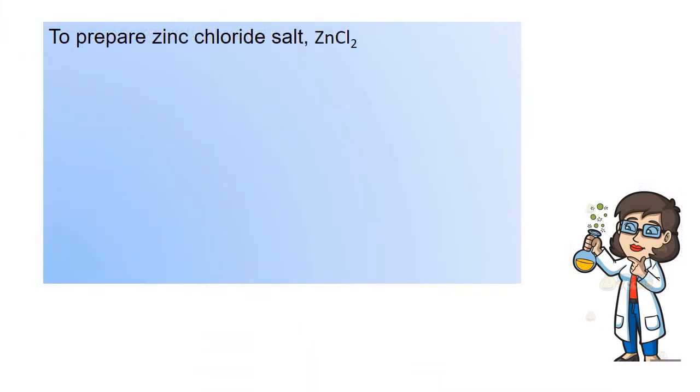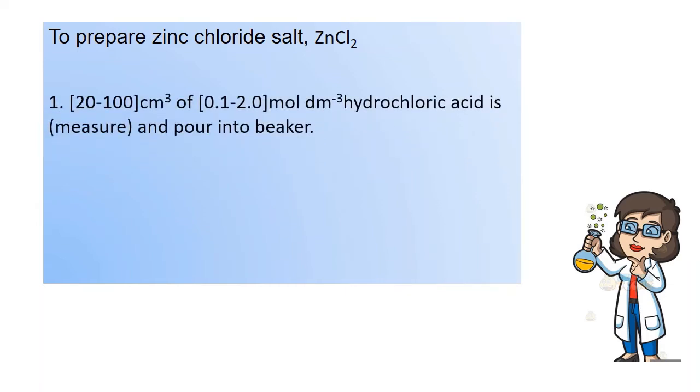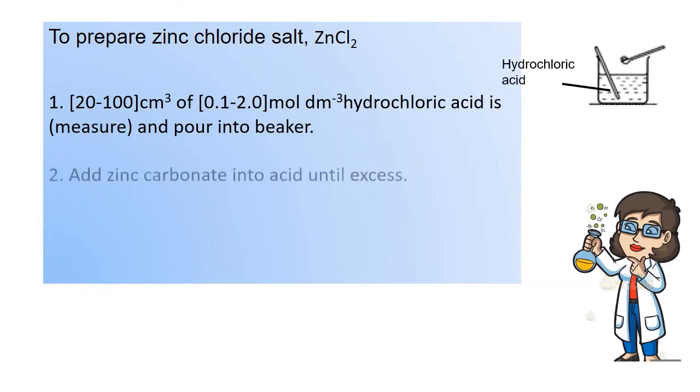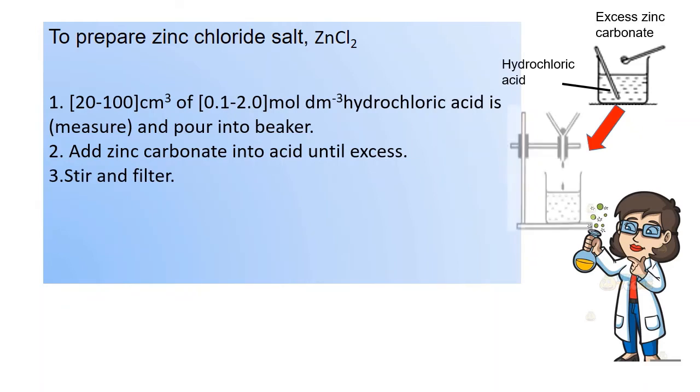To prepare zinc chloride salt, ZnCl2: First, 20 to 100 cm cubic of 0.1 to 2 molar hydrochloric acid is measured and poured into a beaker. Second, add zinc carbonate into the acid until excess. Number 3, stir and filter.